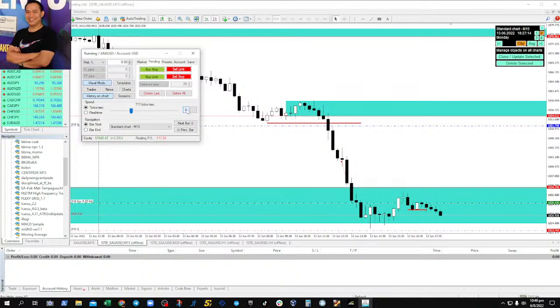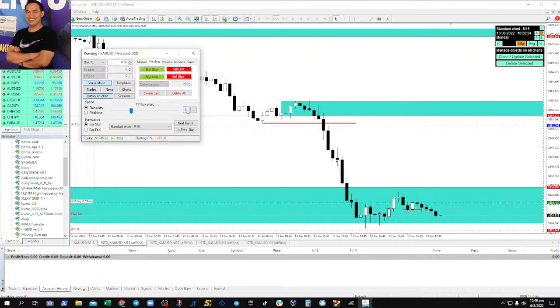Oof. Yeah, this is a very weird price action, as you can see here. Price is slowly making a lower low correctively, as if it's gonna promise to go up.